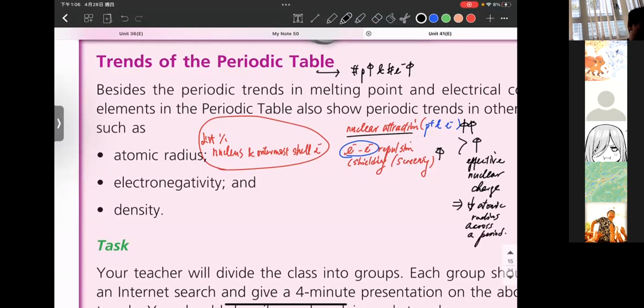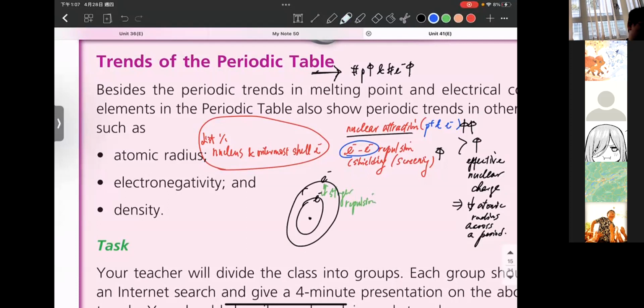Okay, so this is what we talk about in this direction. How about down the group? It is another case because of the more occupied electron shells, right? The shielding is more dominant, because we still have electrons in the inner shell. The inner shell will have a more significant shielding in between. This one is stronger. Stronger what? Stronger repulsion, but not attraction.